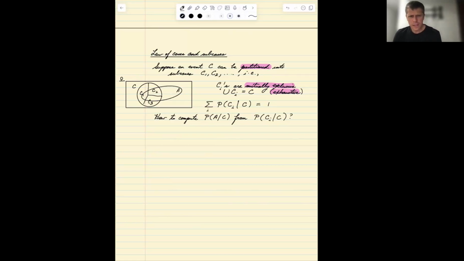Well, let's realize that once we condition on C, we become confined to this universe.